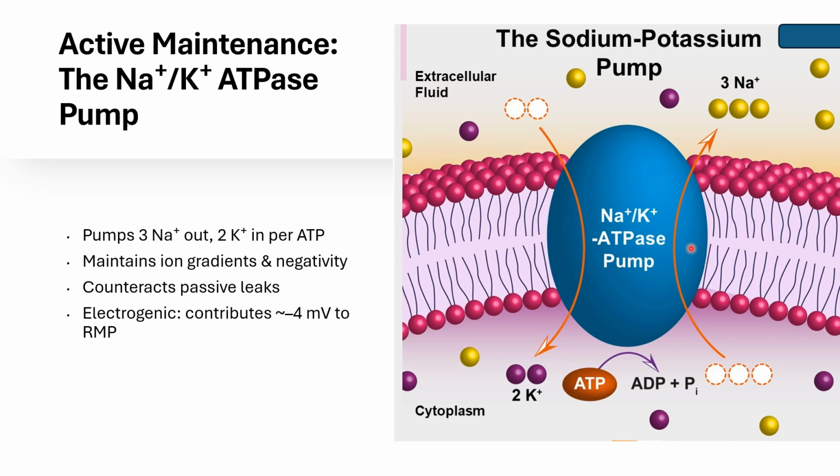This pump uses the energy from one molecule of ATP to move 3 sodium ions out of the cell, and 2 potassium ions into the cell.